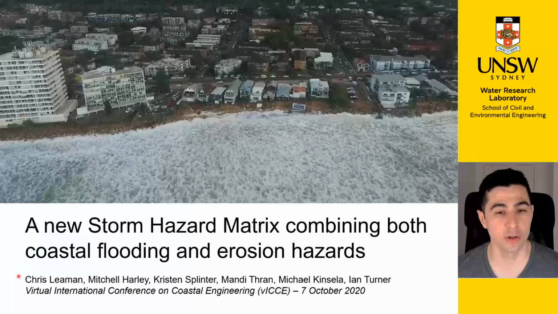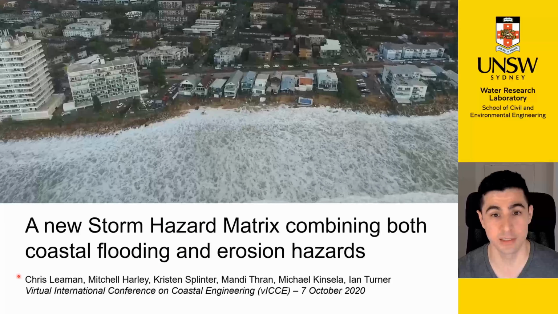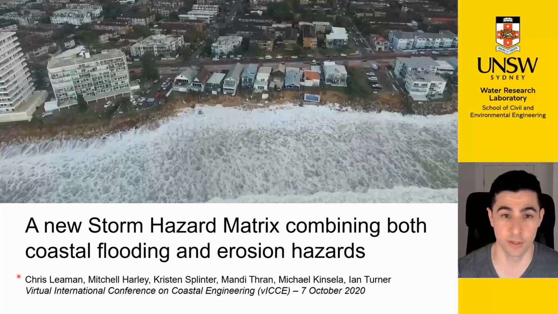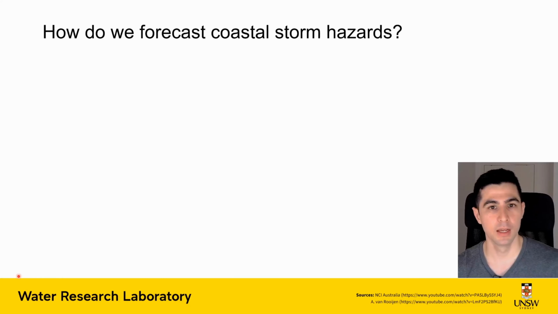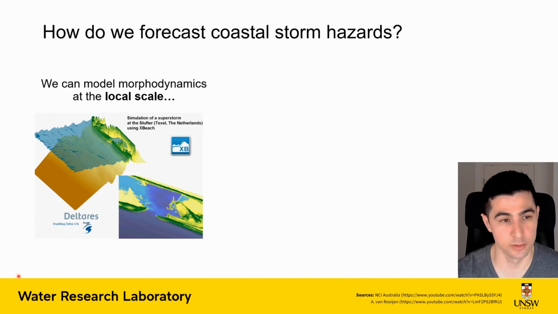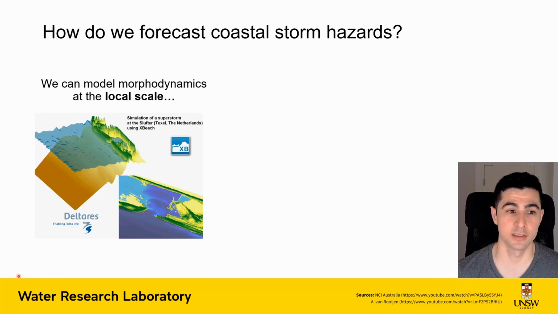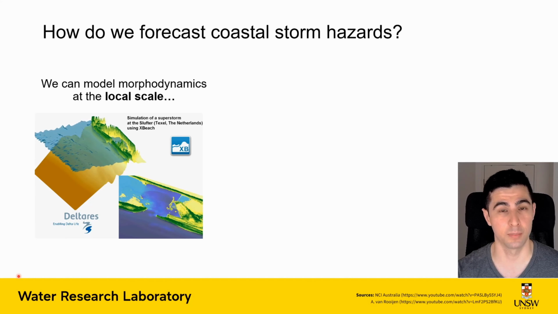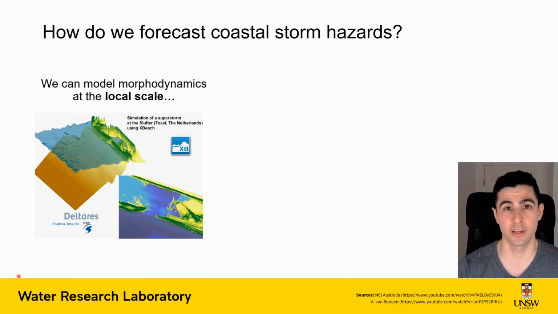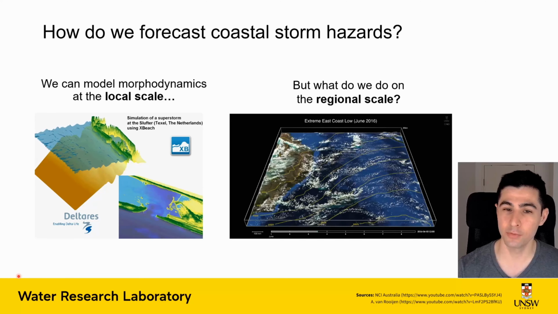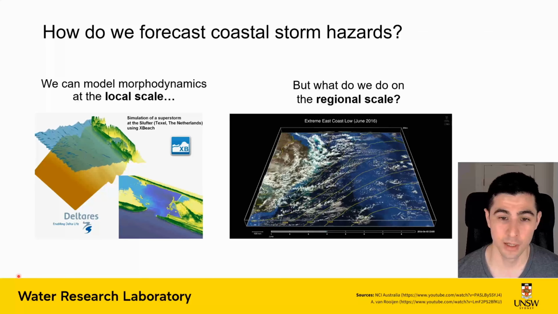So my work is focused on how do we actually go about understanding or predicting where these events are going to happen. So how do we go about forecasting storm hazards? Well, at the local scale, we're pretty good. We can use tools like XBeach to really understand the processes and the response of the beach and dune system to any hydrodynamic forcing. But XBeach requires a lot of computational power, it requires calibration, and this is kind of infeasible at the regional scale.